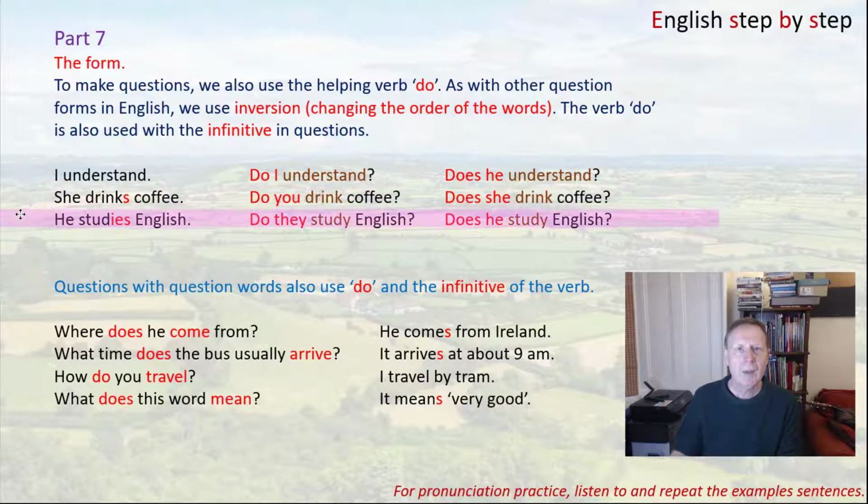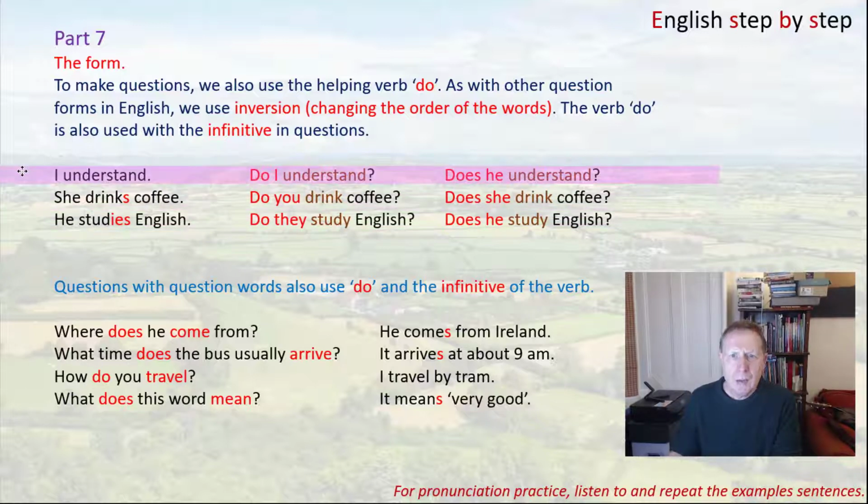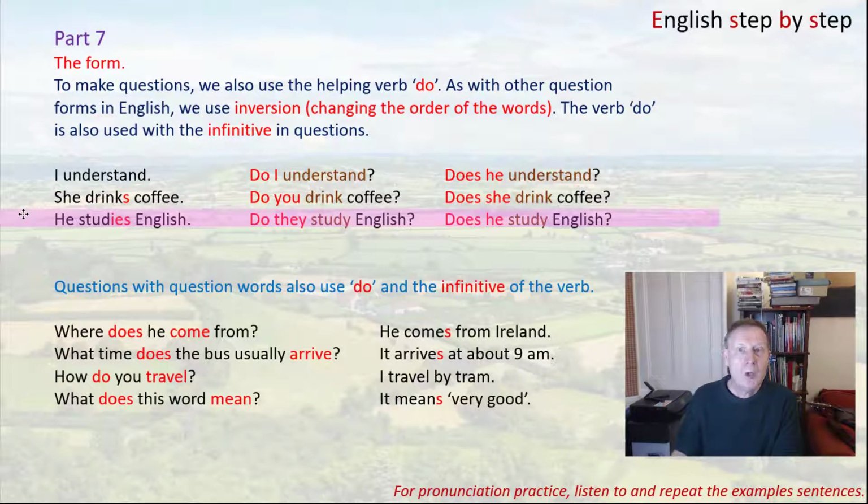Next example, he studies English. Do they study English? Does he study English? So there you can see do and does. Do I, does he, do you, does she, do they, does he. So these are all question forms using do and does and then the infinitives.